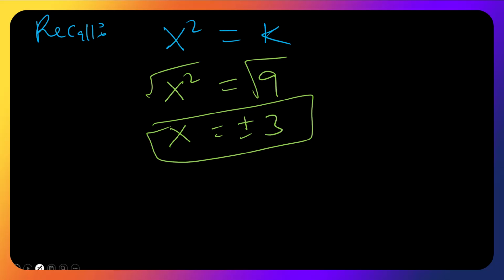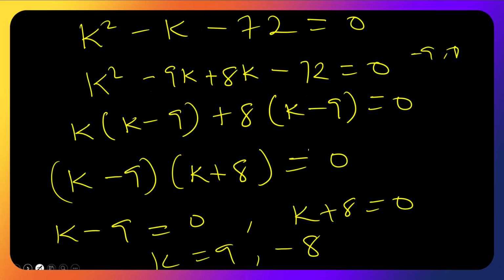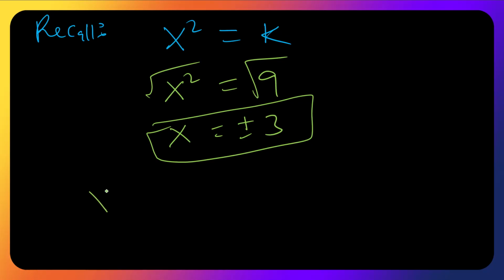And the next solution has to do with x squared equals minus 8. So this one will be complex. So what I will do here is to write this as x squared equals 8 times minus 1.